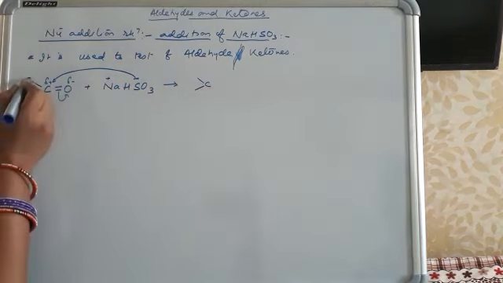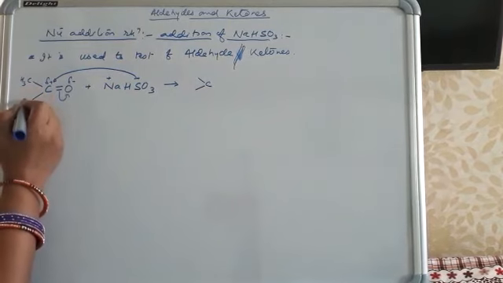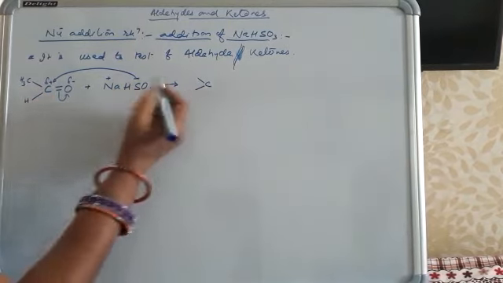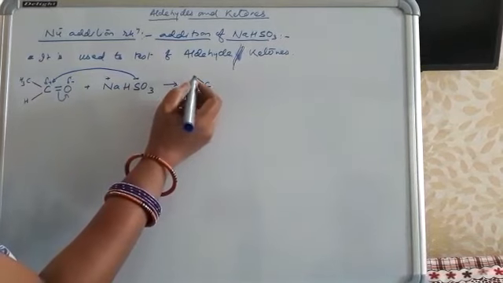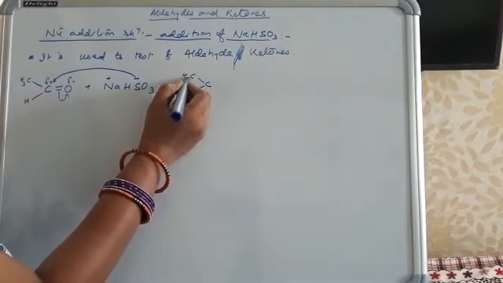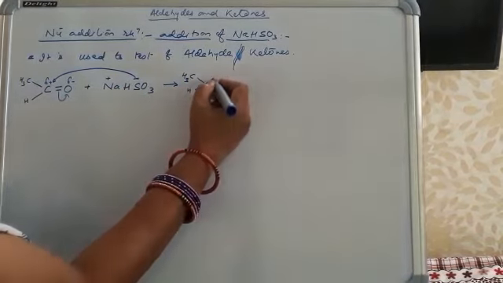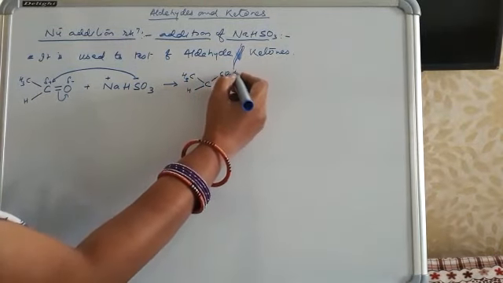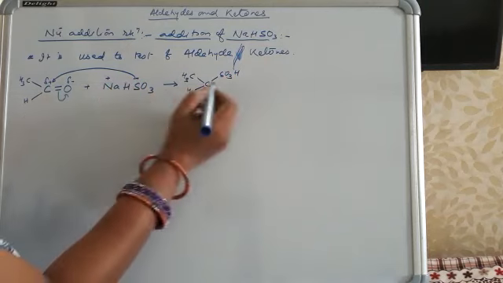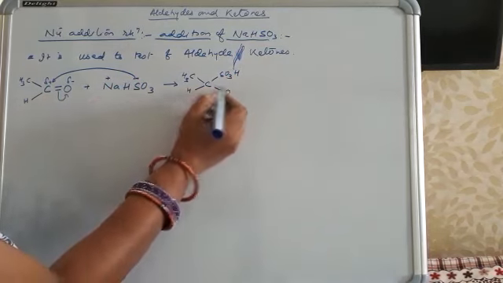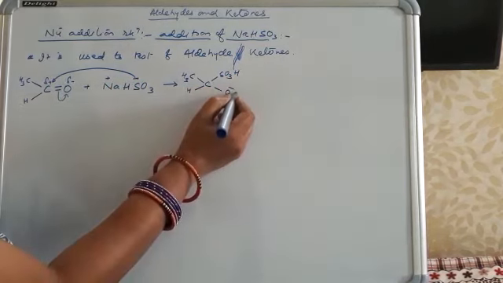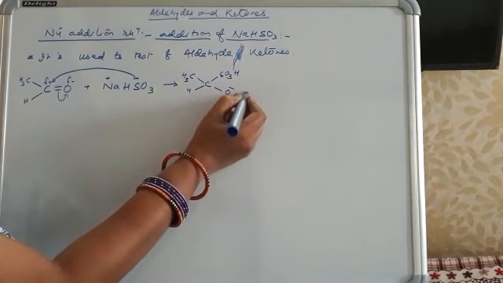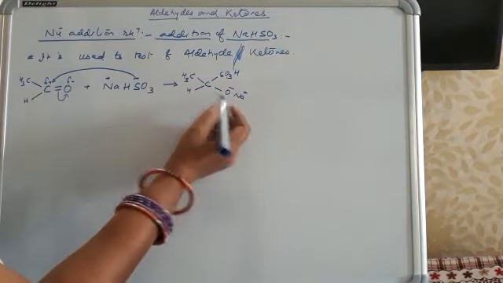Write down the equation. If we take CH3 and here H, that means it is an aldehyde. So what happens? Carbon in which SO3H group attached, and oxygen which acquires negative charge. So sodium attached with oxygen.